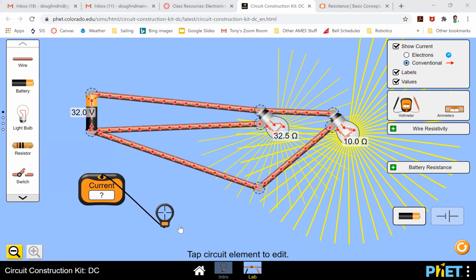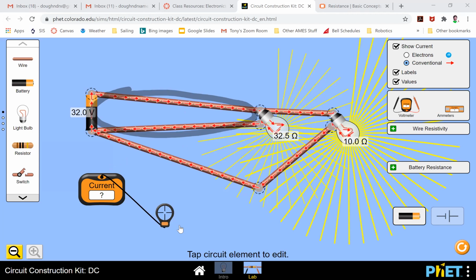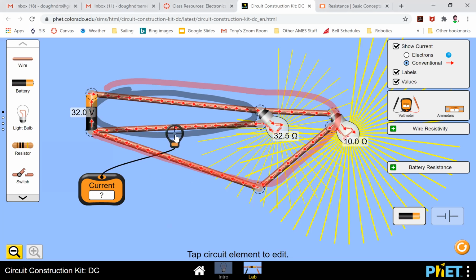I've got one loop that goes like this, and another loop that, let me do it in a different color, comes like this. And so now I do not get the same answer. If I put the meter here, I get 3.2, I put it here, I get 0.98, I put it here, I get 4.8. So I've got multiple branches in my circuit now.